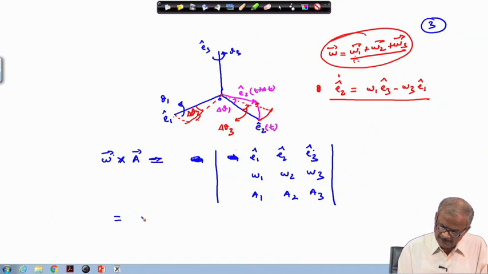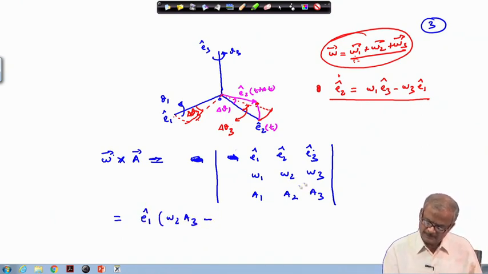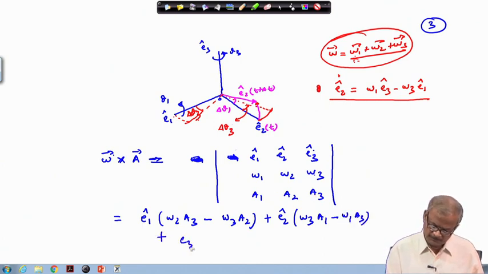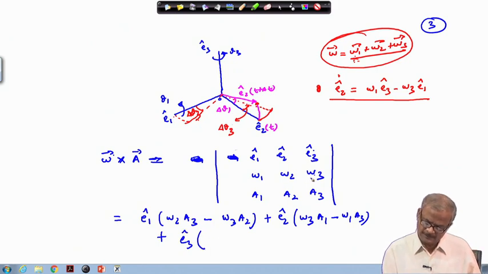This becomes E 1 cap times omega 2 A 3 minus omega 3 A 2, plus E 2 cap times omega 3 A 1 minus omega 1 A 3, plus E 3 cap times omega 1 A 2 minus omega 2 A 1.